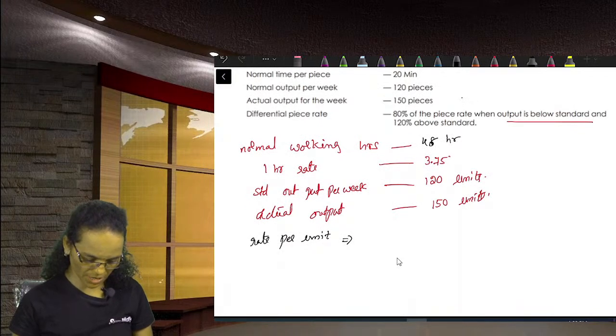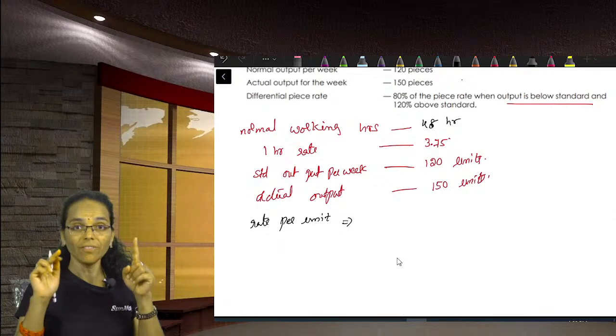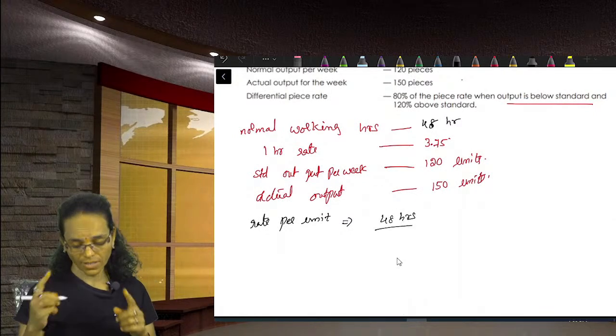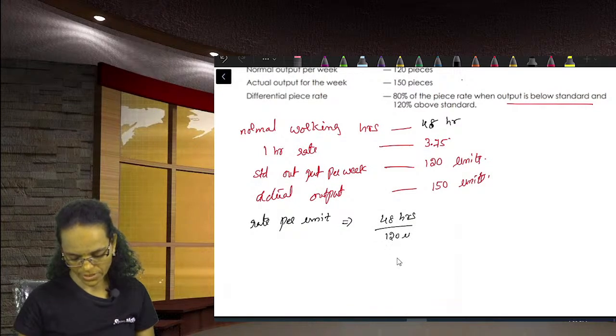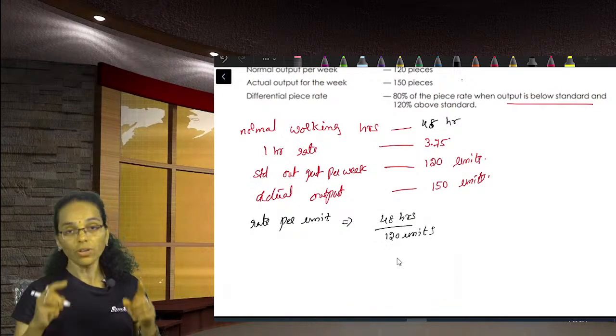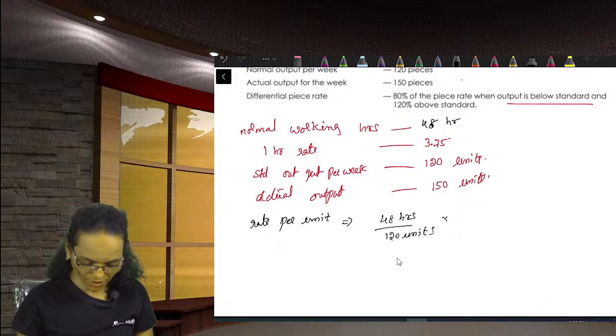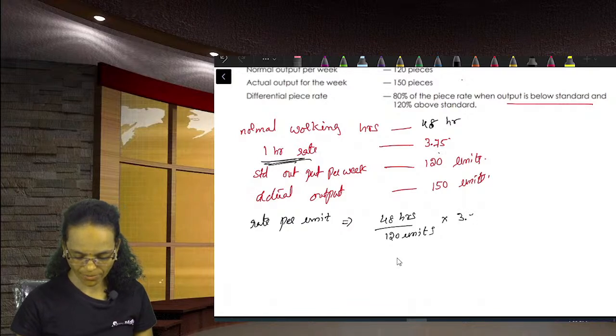In 48 hours, they are supposed to produce 120 units. So we will come to know how many units to be produced in an hour and what is the rate per hour. 1 hour rate is 3.75.